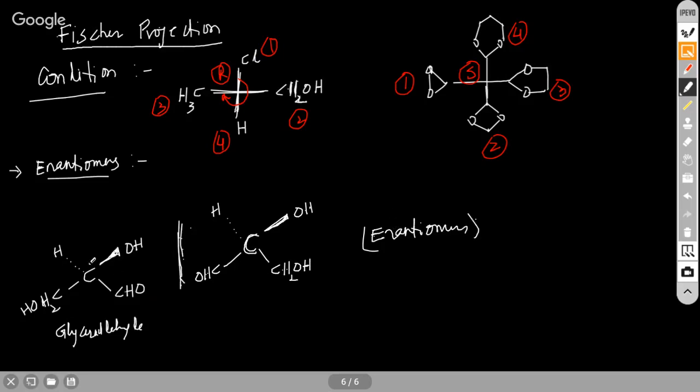Now, can you tell me the configuration of these two molecules? What is the configuration of both molecules? What is the configuration of the first one? Tell me. What is the configuration of the second one?